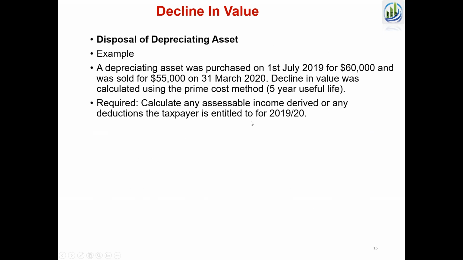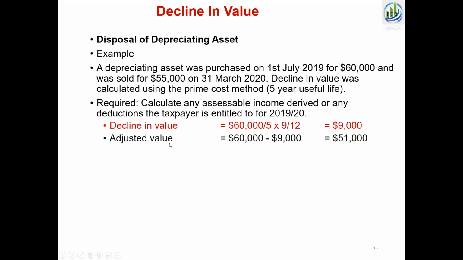You can see $60,000 worth of assets sold for $55,000 in March 2020, and effective life 5 years. So how much is the declining value? $9,000, 60 divided by 5. So how much is the book value? $51,000. So your adjusted value is $51,000, but you sold it for $55,000.